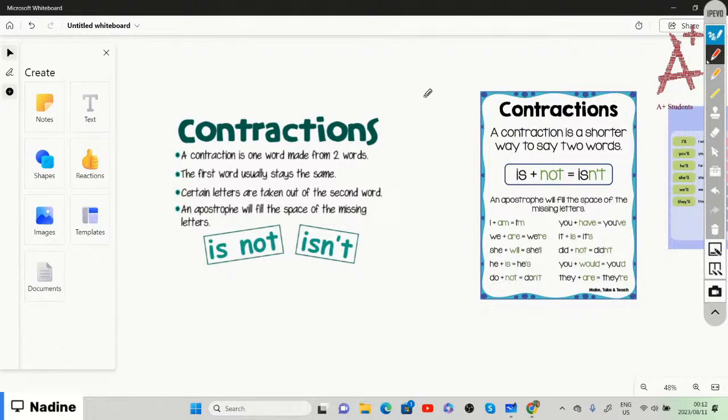So we basically put the apostrophe in place of the letter that we left out. There we have an example of is not, put together to make one word, isn't. We left the O out and we put the apostrophe in the space of that missing O that we removed.